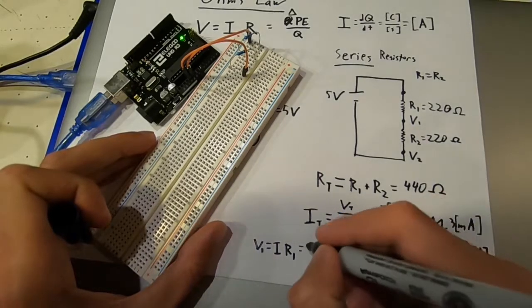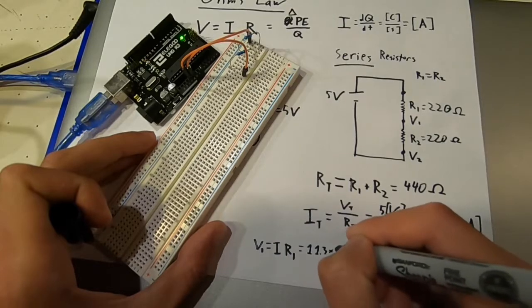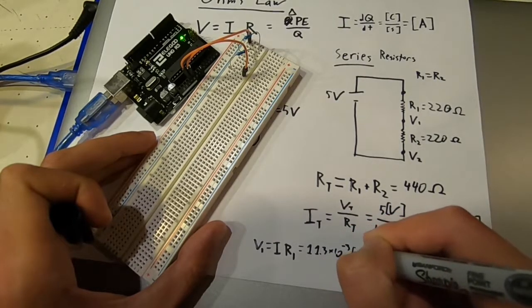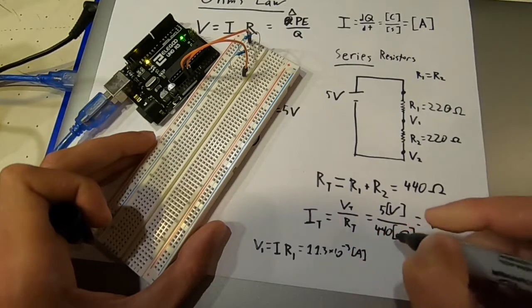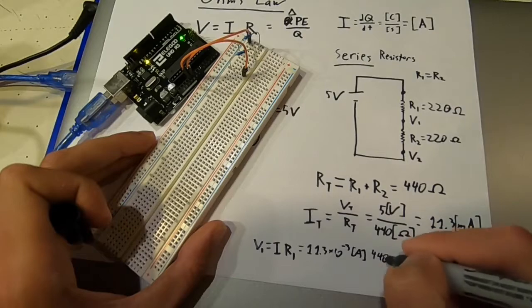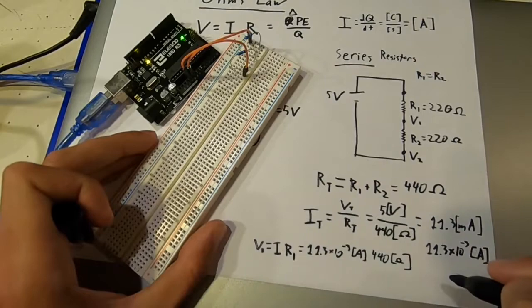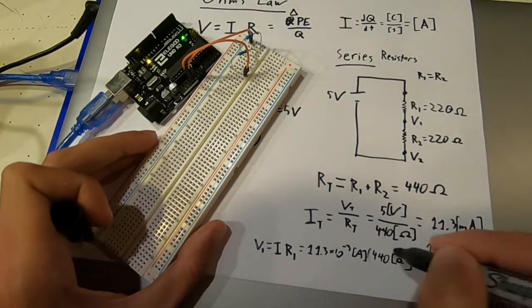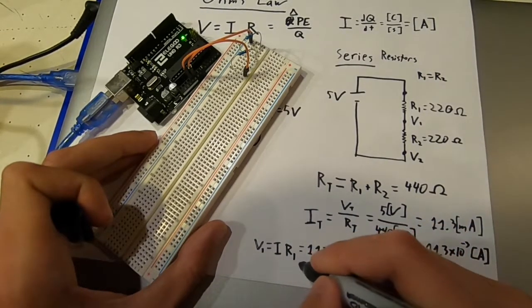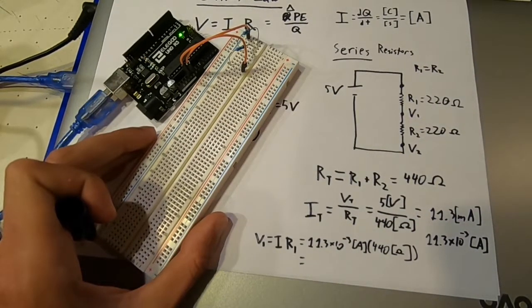So that's going to be equal to our 11.3 times 10 to the negative third amperes times our 440 ohms, which is going to be equal to, no, I'm sorry.